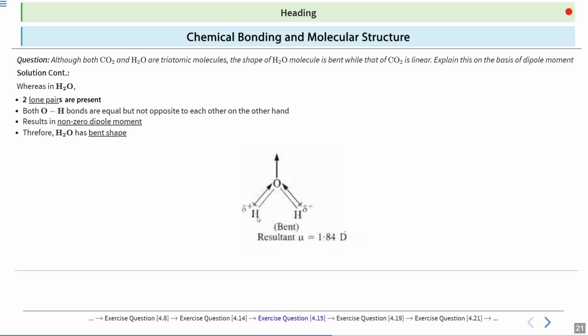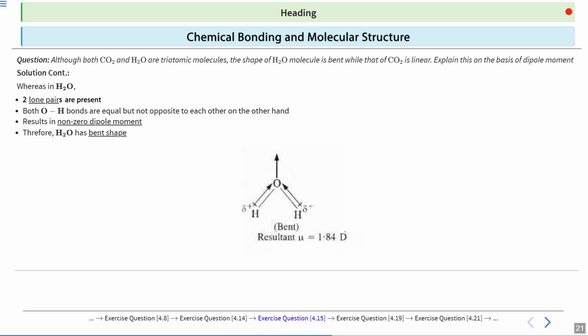If you look here, both OH bonds are of equal magnitude, right? It is true. And the direction of the dipole moment will start from hydrogen and move on to oxygen, because oxygen is more electronegative and hence it will have a delta negative charge. Therefore, the direction of dipole moment will be from hydrogen onto oxygen for both the bonds.